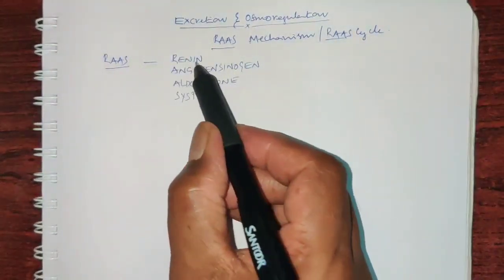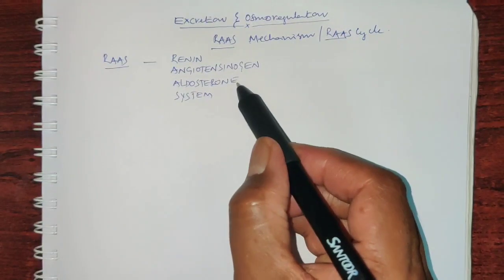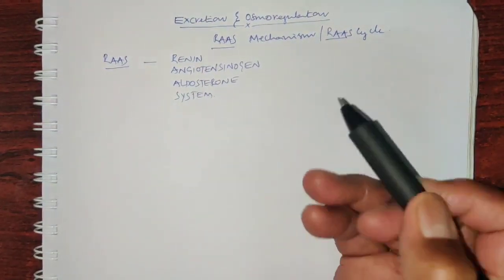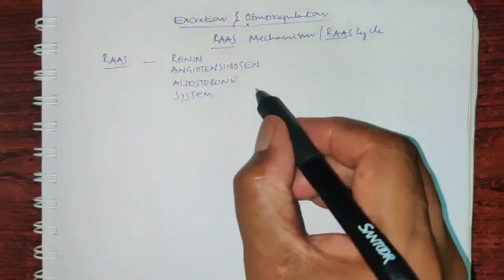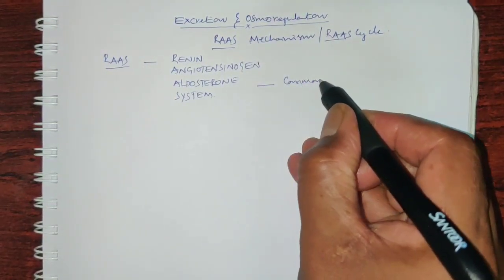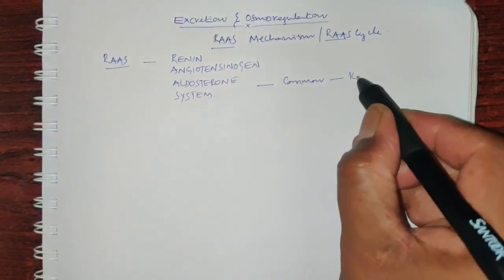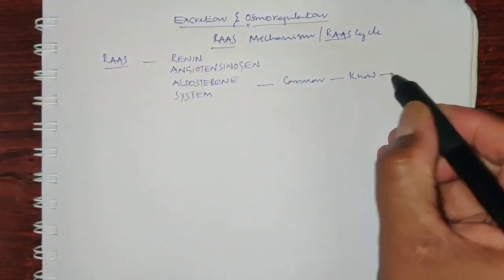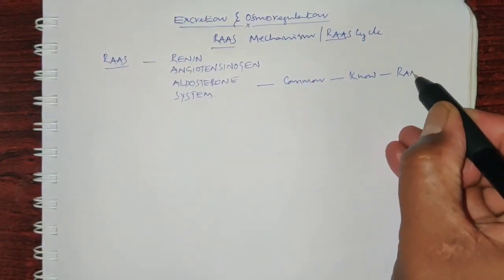So RAAS stands for renin-angiotensin-aldosterone system. This is commonly known as the RAAS cycle.